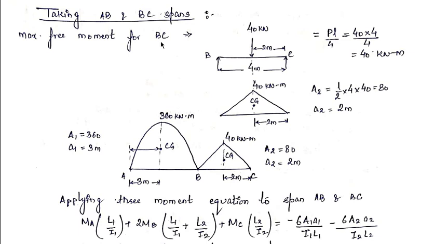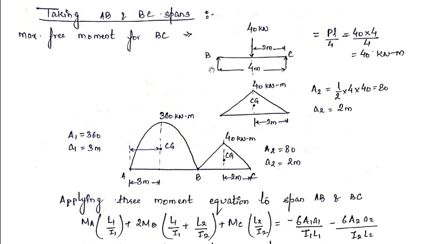In order to find the maximum free moment, make B and C simple supports and apply the same external loading which is given in the question. This loading, 40 kilonewton, is acting at the center of BC. For this type of arrangement the maximum bending moment is PL by 4, where the value of P is 40.